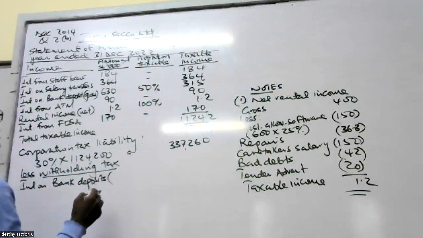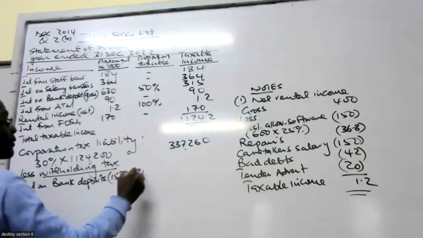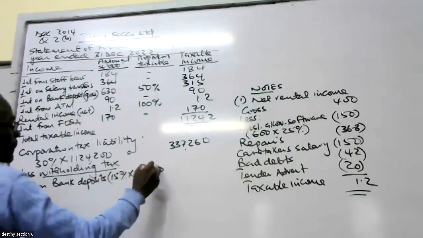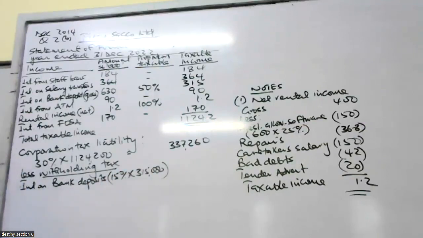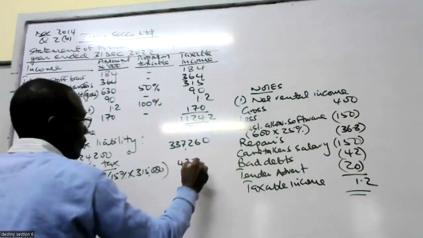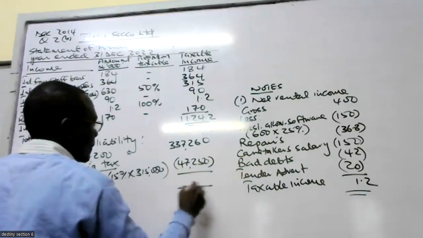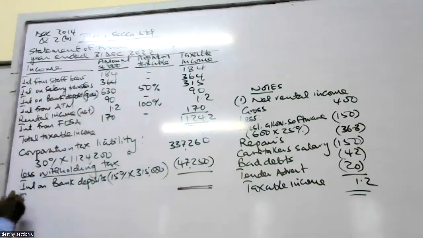Withholding tax is 15%, 15% of 315,000. This will give us corporation tax payable.